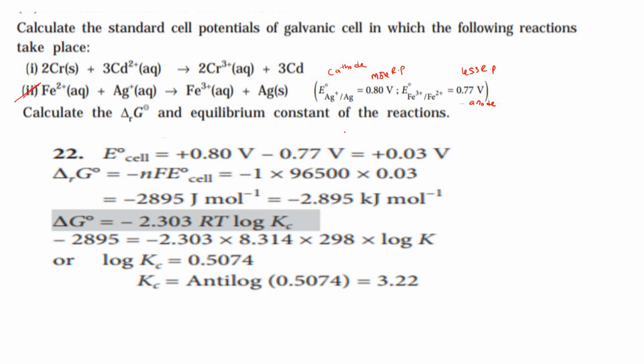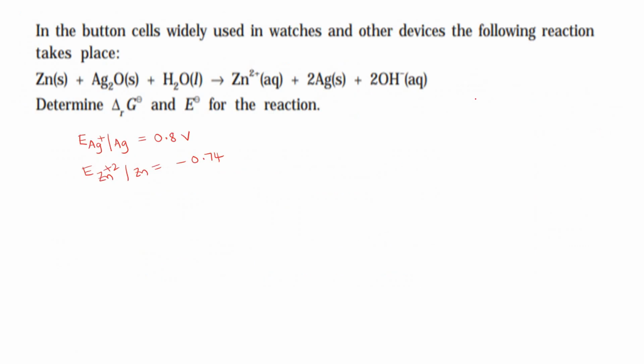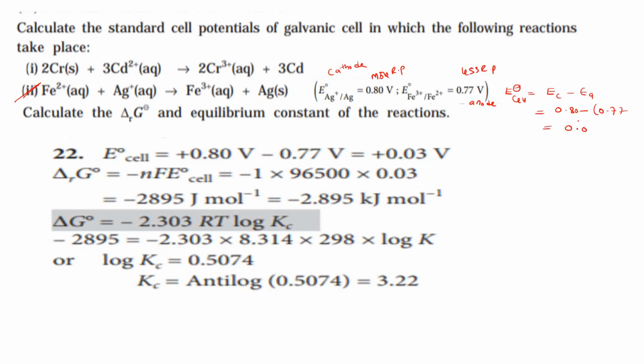E naught cell is equal to E cathode minus E anode. E cathode is 0.8 minus 0.77. How much value are you going to get? 0.03. This will be the E naught cell.